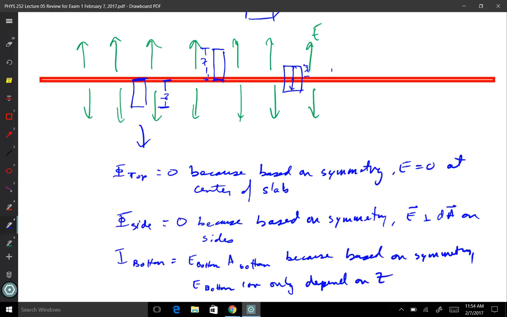So that's what you have for the first box. For the second box, all you have to do is flip the words top and bottom, and it's going to be the same answer.